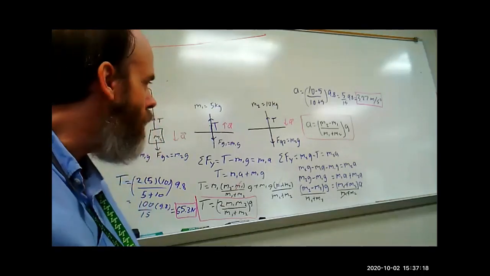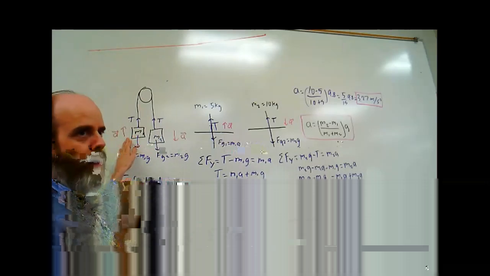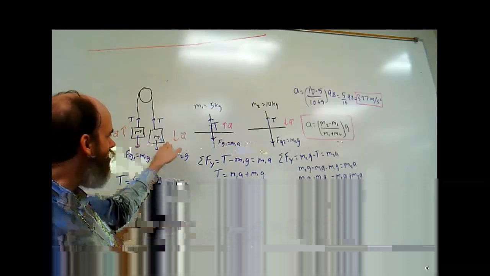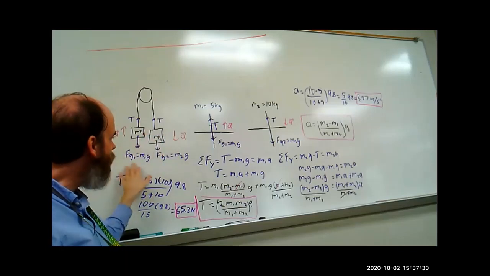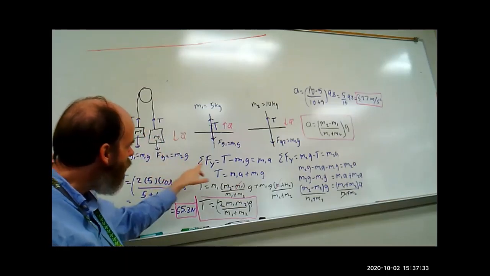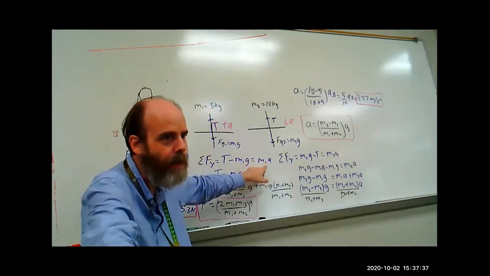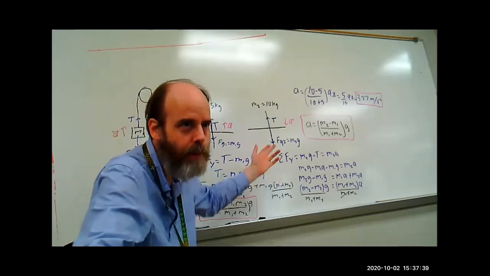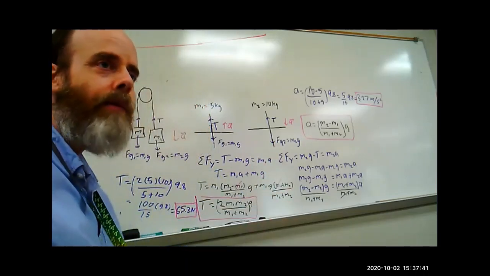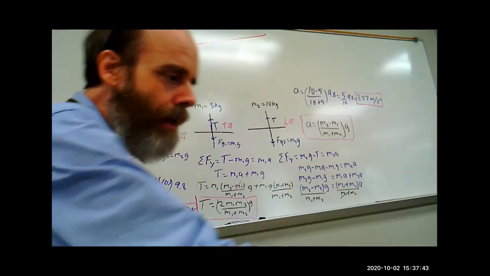I said it because the acceleration for M1 is up, and the acceleration for M2 is down. It just is convenient. I can always put positive A on the right side. It just makes it a little simpler. You don't have to do that, but I like to do that.